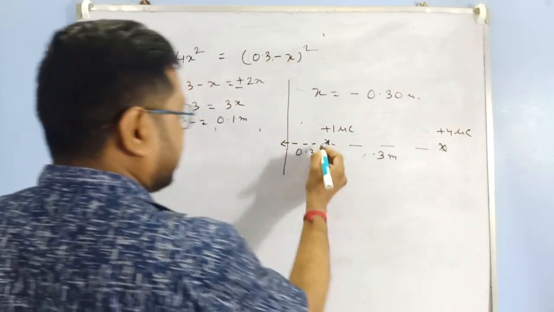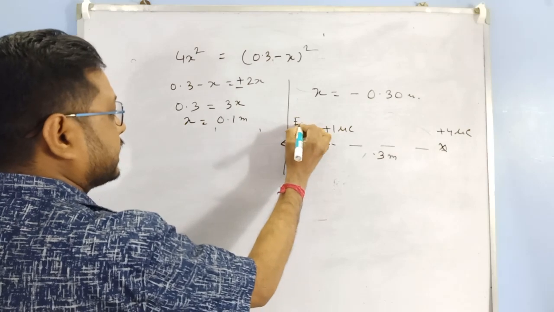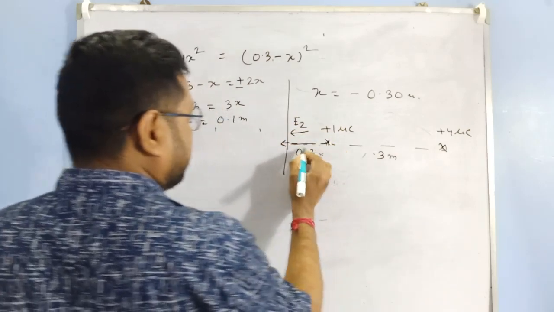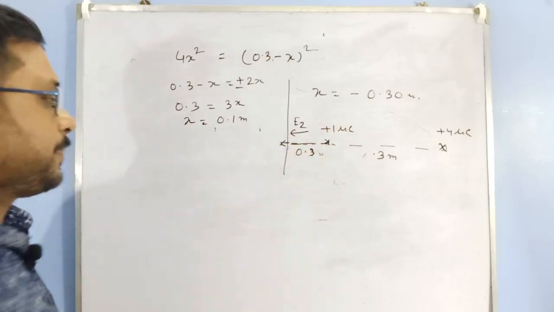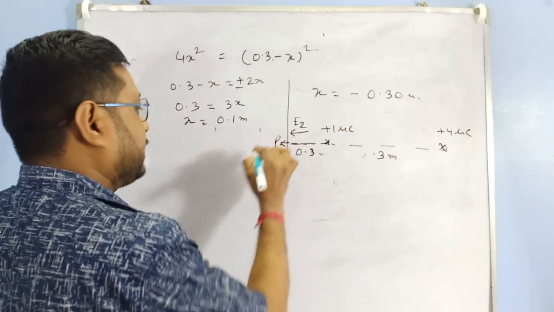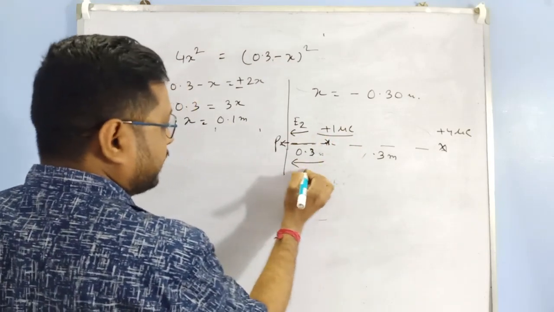For this point, E2 is along this direction, and E1 will also be in this direction.